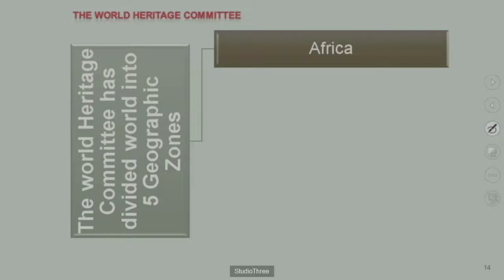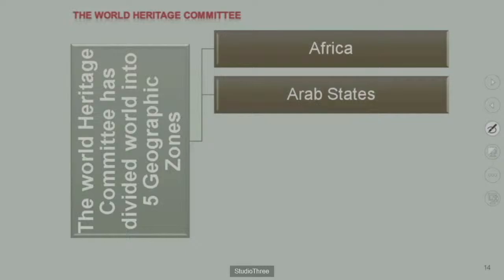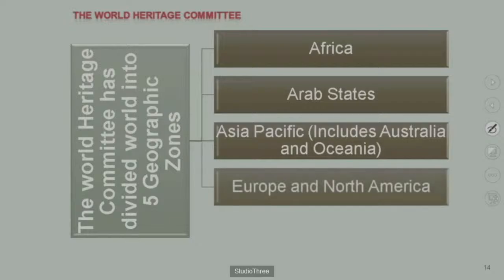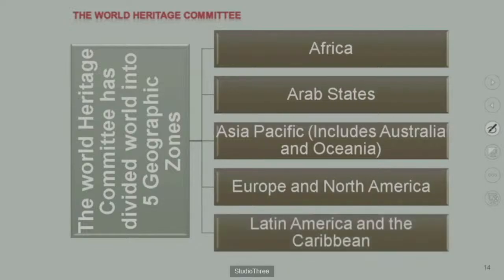The first is Africa, the second is Arab states, the third is Asia Pacific, which includes Australia and Oceania. Then the fourth one is Europe and North America, and the last, fifth one is Latin America and the Caribbean.